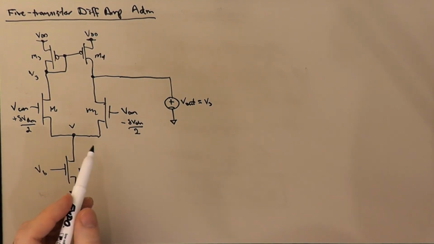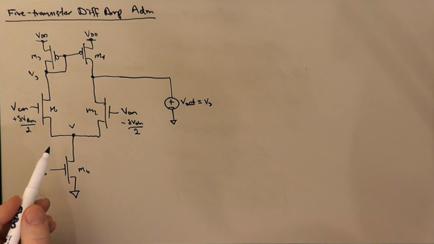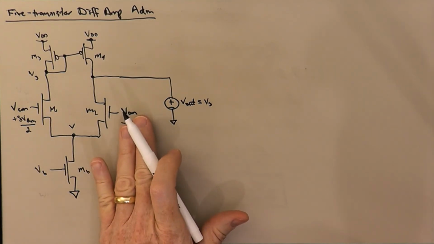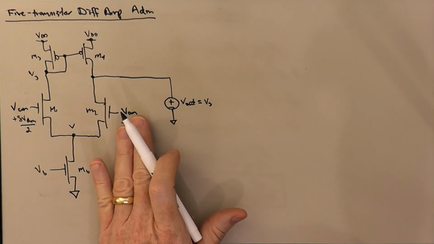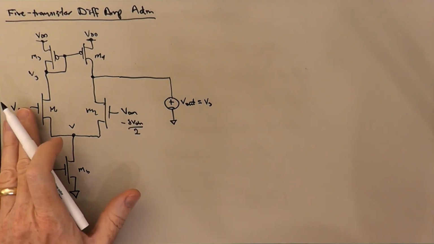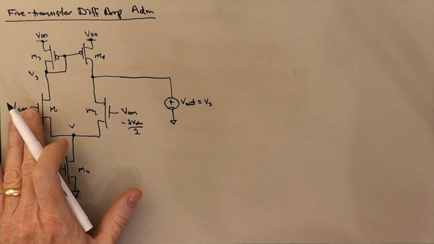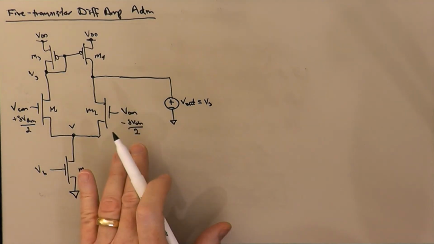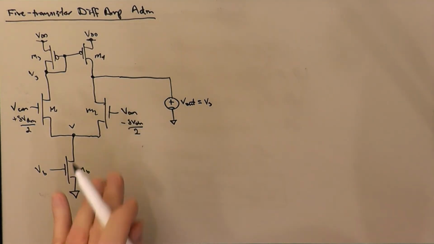And of course, we could handle that without very much difficulty just by using superposition. We can first apply that delta VDM over 2 to the M1 side without this one. That would be the first component, and then calculate the response to it. Then take this one away and apply the other and figure out what the delta I out is due to it. And those two would just superpose.